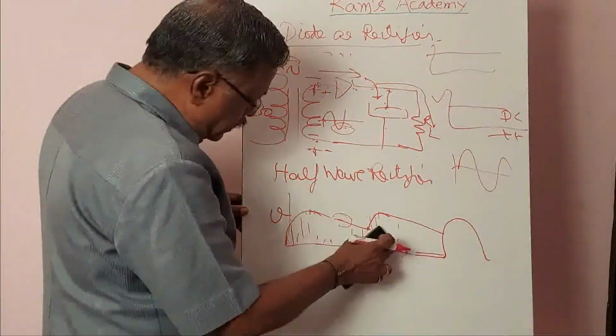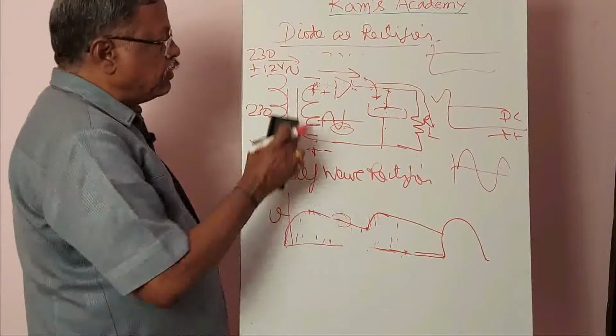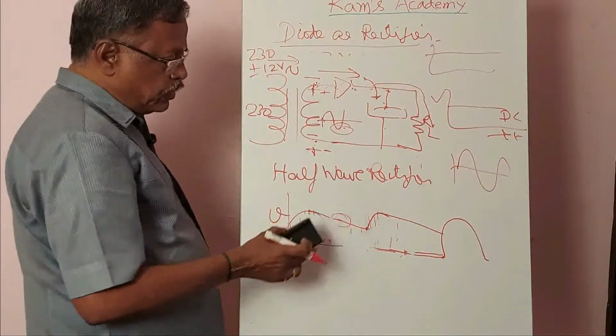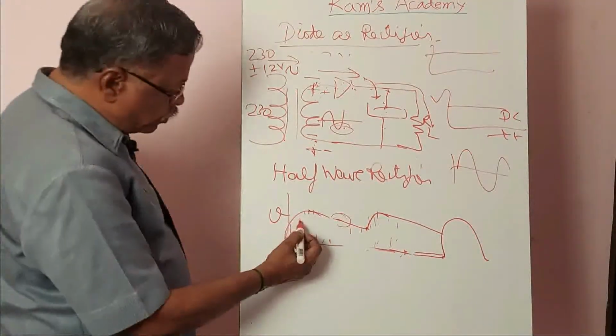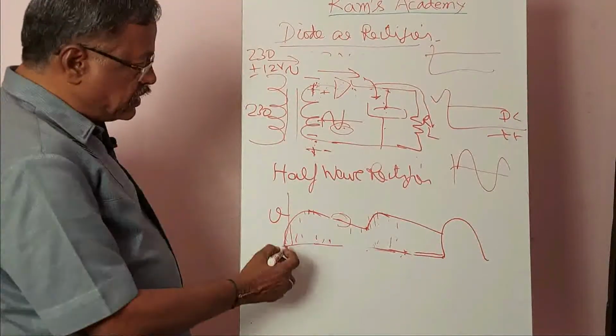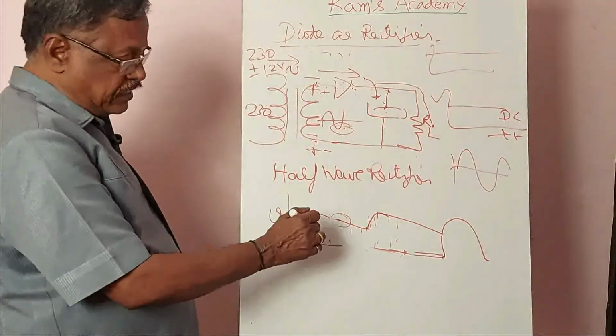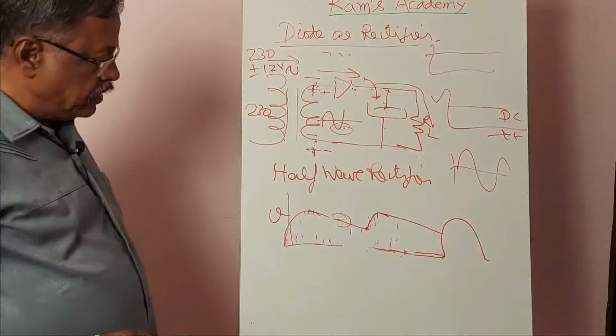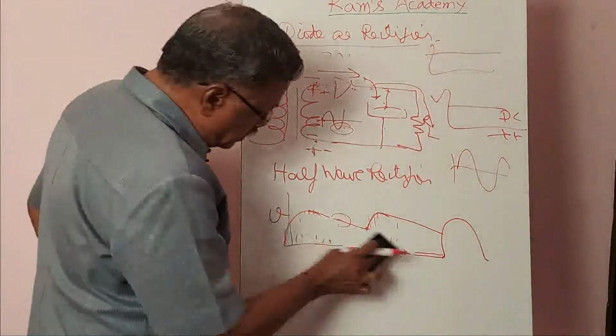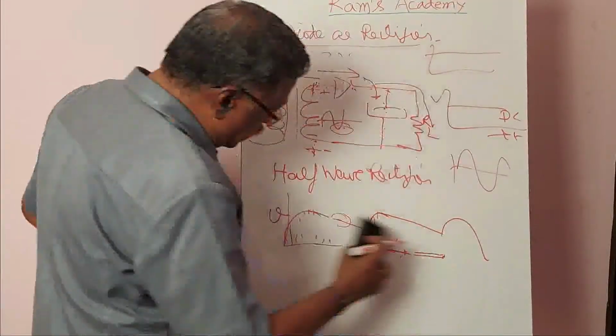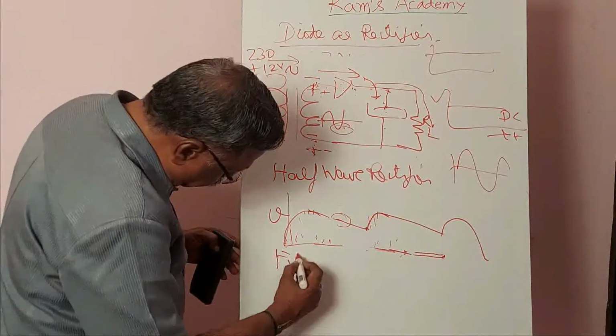Therefore, the advantage is we are able to convert an alternating voltage into DC voltage, but we are not able to arrest the changes in the voltage in the positive cycle. Therefore, this waveform we can call a filtered DC.